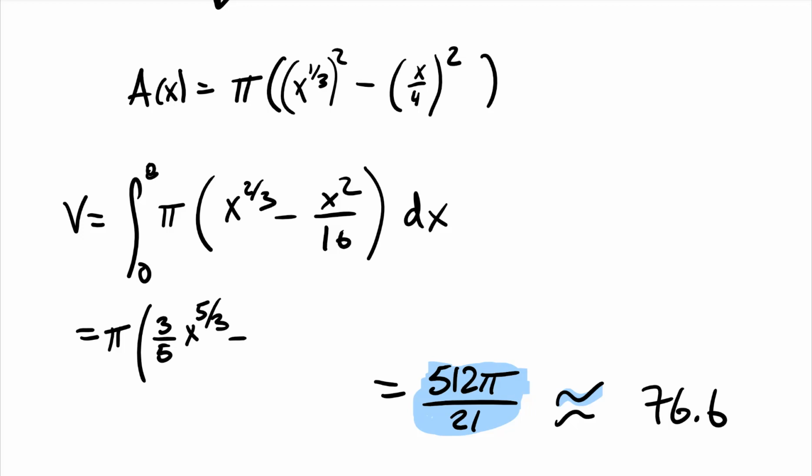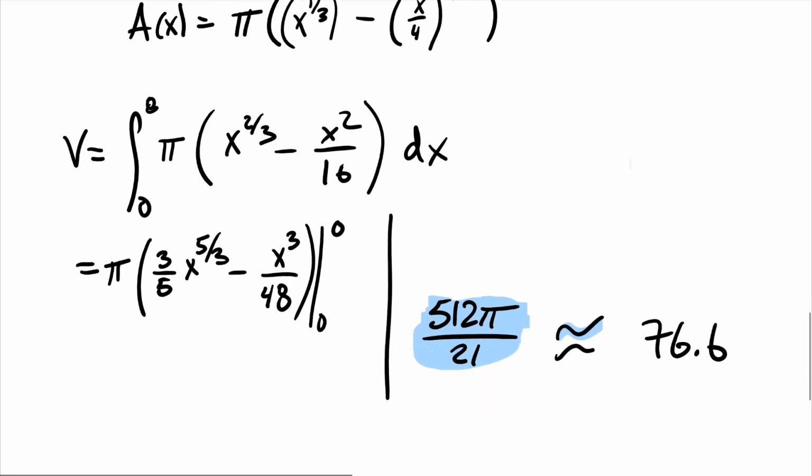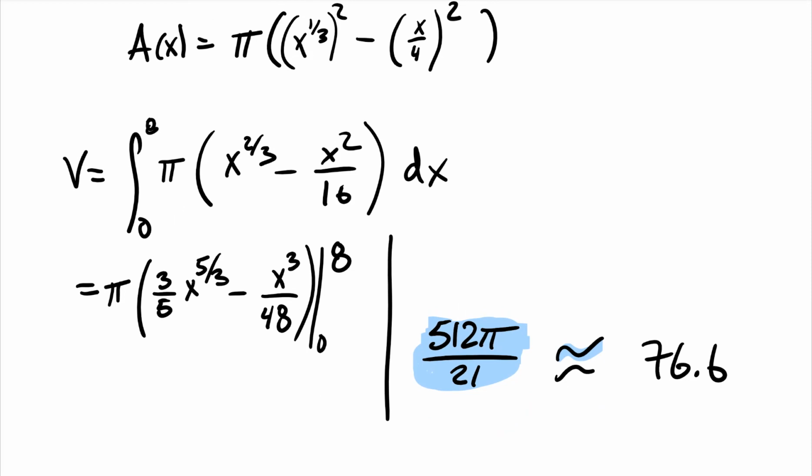We're going to divide by 3, so we get x cubed over 48. We're going to evaluate from 0 to 8. And there it is: it's 128 pi over 15. Ain't nobody want to do this. You need a calculator for this problem.